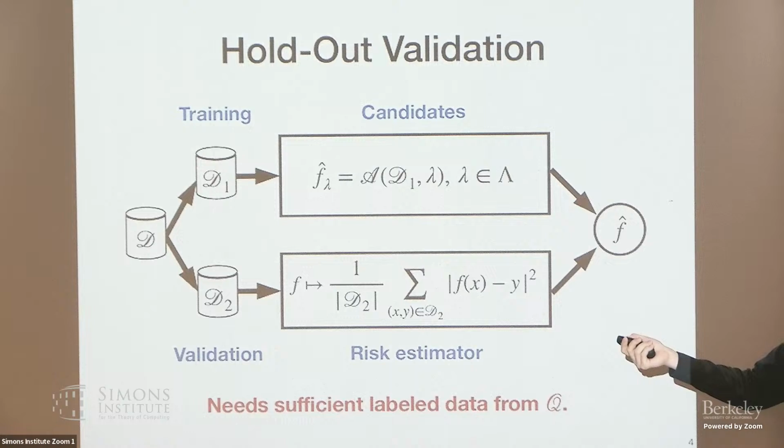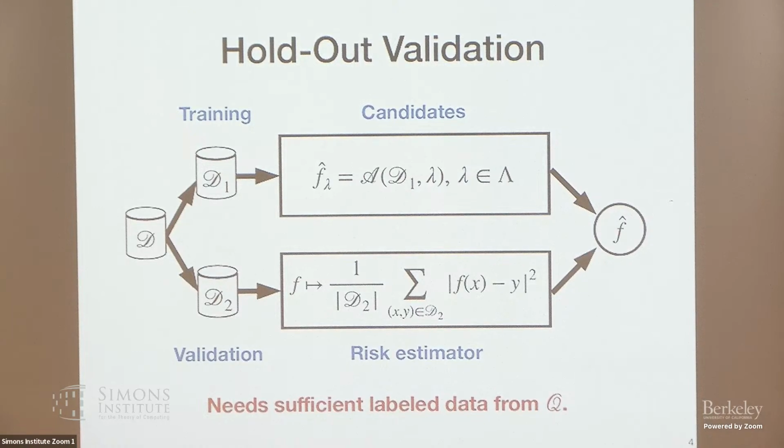On the training set, I can run my favorite regression algorithm for a collection of hyperparameters. And on my validation set, which is held out from the training process, I construct a risk estimator, which is simply the empirical risk. Nothing fancy. I'm going to use this empirical risk to evaluate the candidates and choose the final model. So that's a very basic holdout validation.